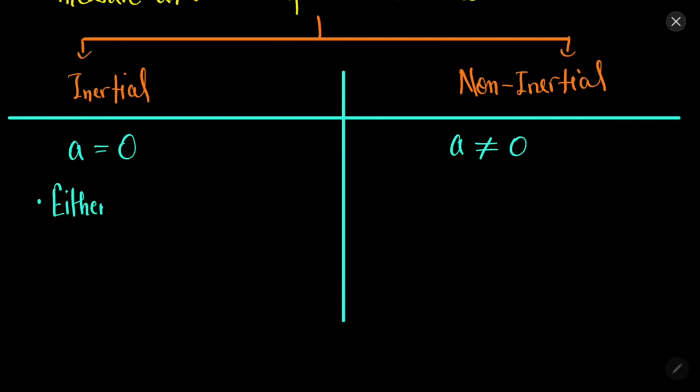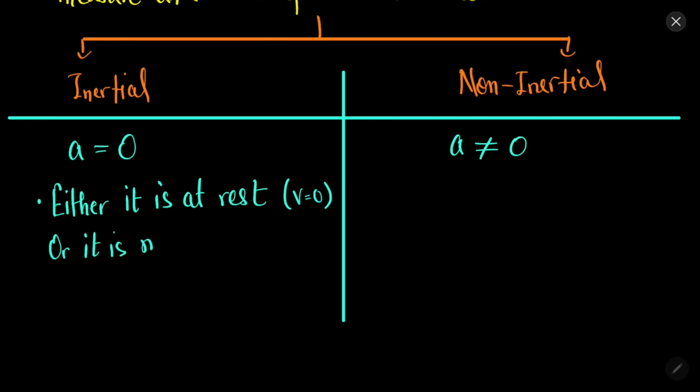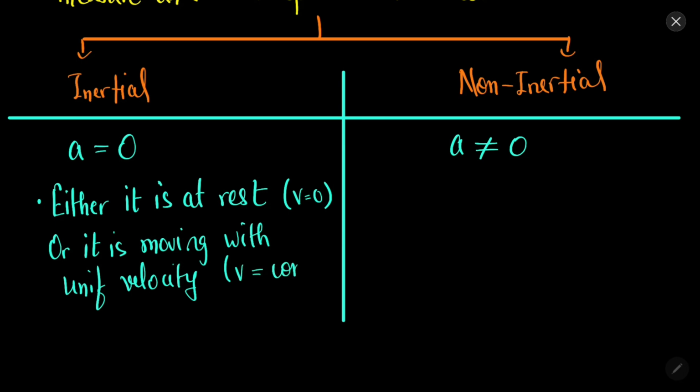Okay, that is, here either the frame is at rest, that is velocity 0, or it is moving with uniform velocity, that is velocity is constant, its value will not change.